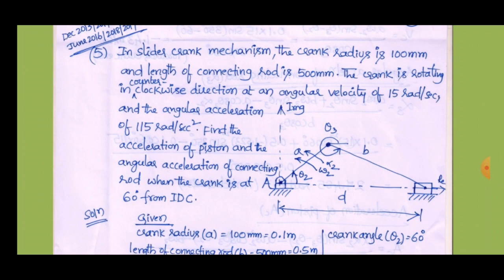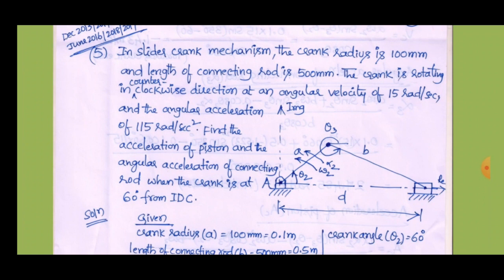Find the acceleration of piston and the angular acceleration of connecting rod when the crank is at 60 degree from IDC. In slider crank mechanism means it is inline slider crank mechanism.